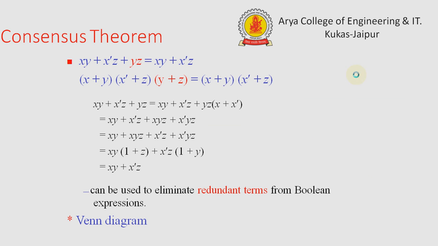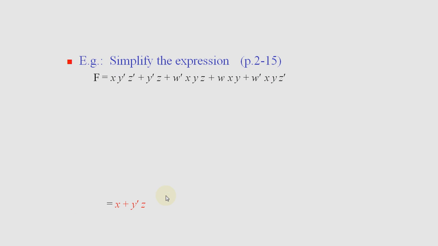Consensus theorem is here: xy plus x complement z plus yz is equal to xy plus x complement z. And here is the proof of this. What we are doing here is inverting the functions, and we can apply the different rules of Boolean expressions, and it can be used to eliminate redundant terms from Boolean expressions.